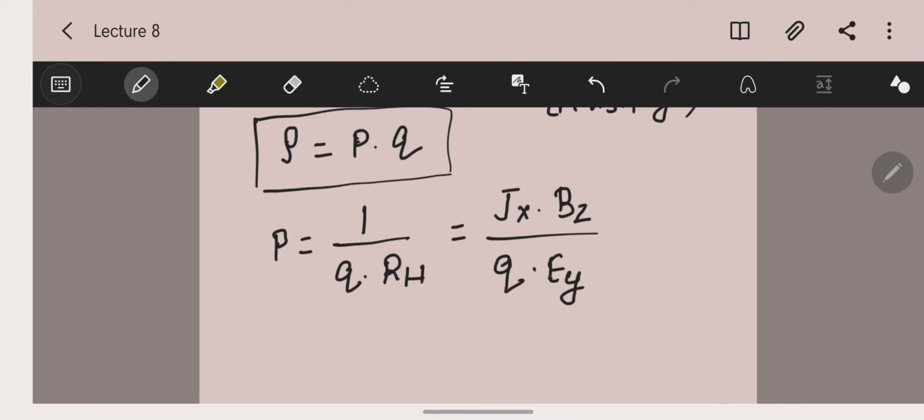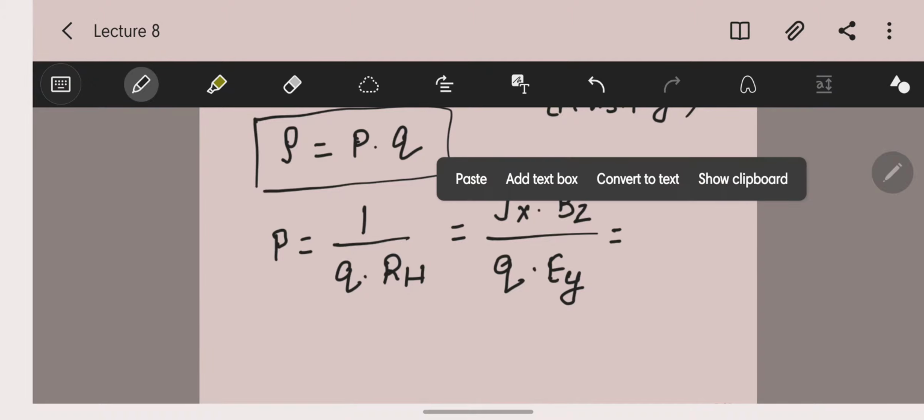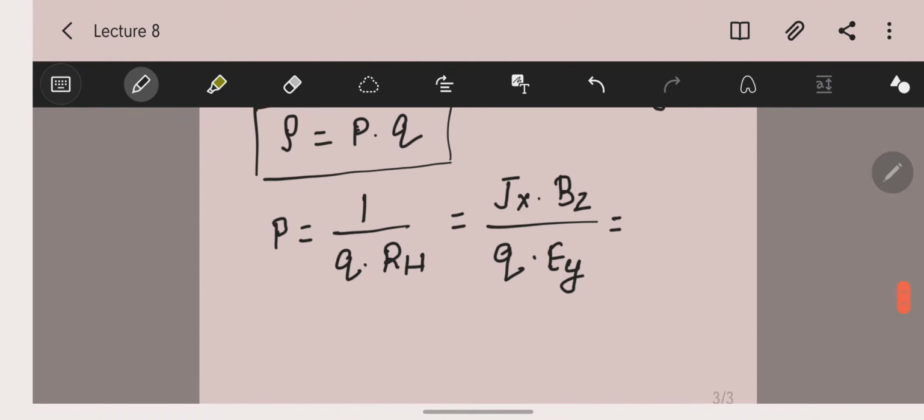I have just rearranged the equations. Jx is the current density, B is the magnetic field, Q is the charge, and Ey is the electric field in the y direction, which comes from the voltage induced in the semiconductor between the top and the bottom surface 1 and 2.